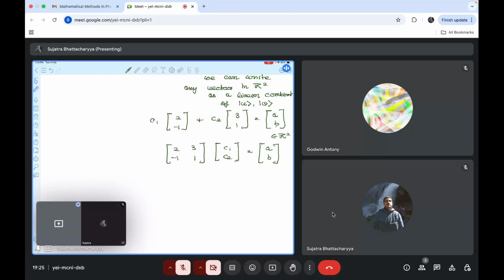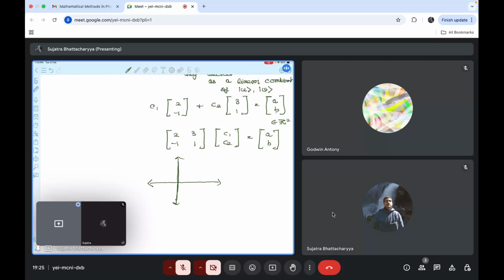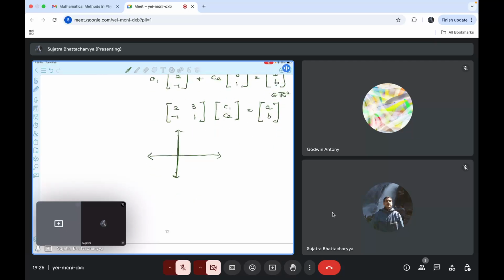Now, what does it mean graphically? Graphically, it means that suppose you have this coordinate axis. One of the vectors is (2, -1). I am arbitrarily writing it.